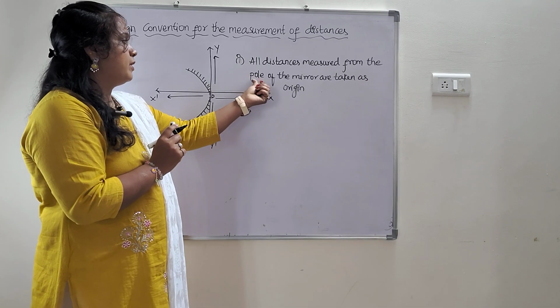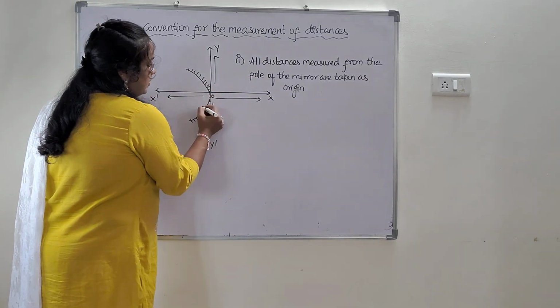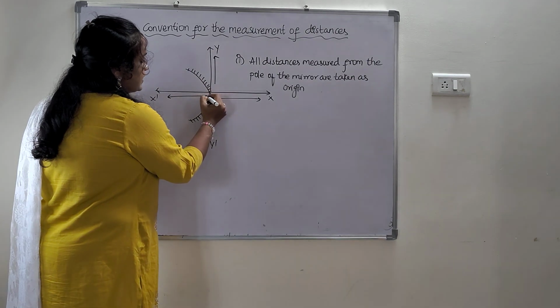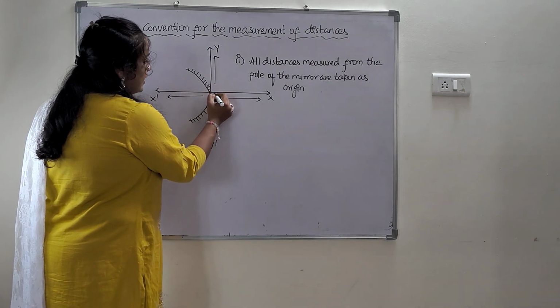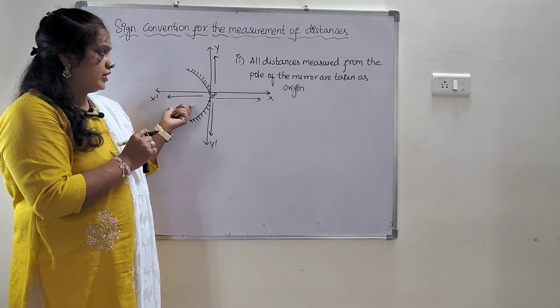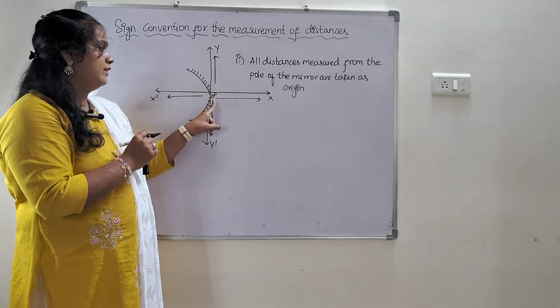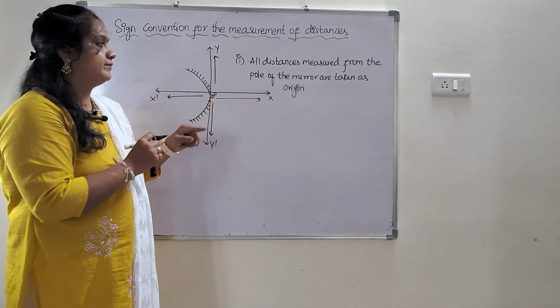If you observe, this is the pole. What is the pole? The geometric center on the mirror is called the pole. Whatever distances we measure from the pole of the mirror, the pole will be considered as the origin. This is rule number 1.